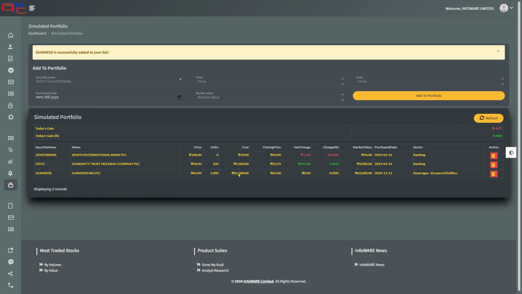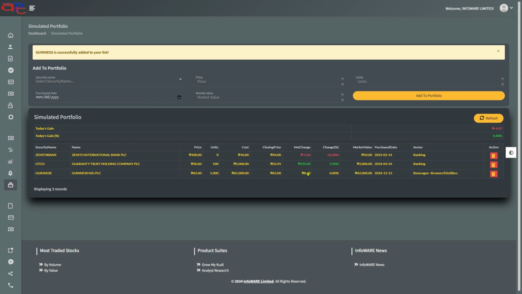It was added on the 24th of April this year. From the time it was added at this price to present day, there has been a 5.9% change on it.